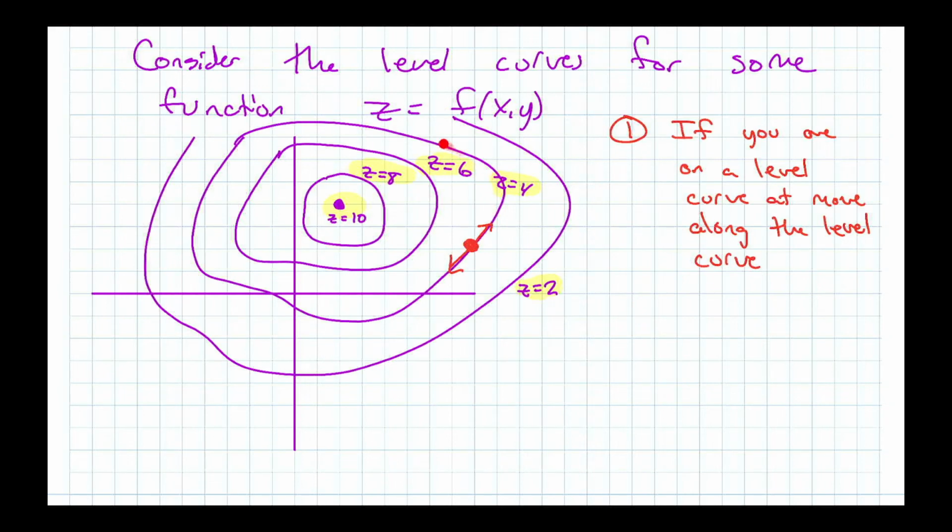This is z equals 4. So if you just go around in circles here, the function is z equals 4 the entire time. So if you're on a level curve and move along the level curve, the z value doesn't change. That's what makes it a level curve, right? That's why they're called level. The z value doesn't change.